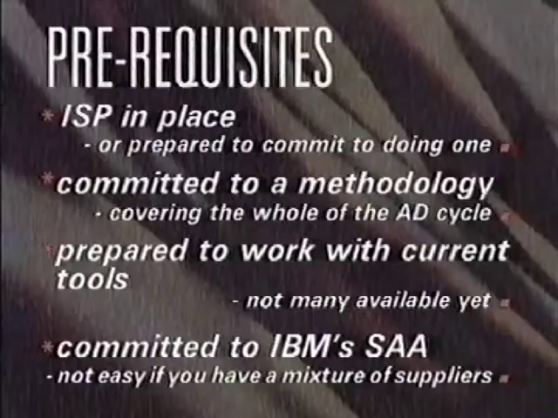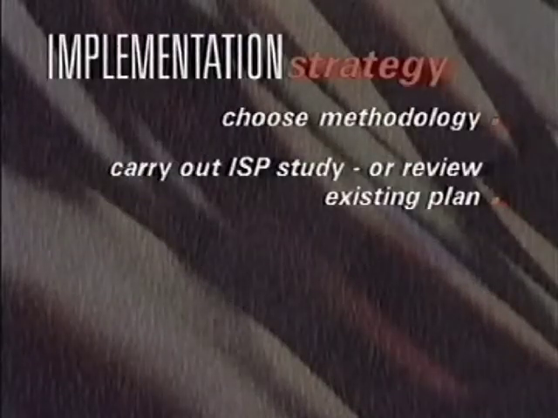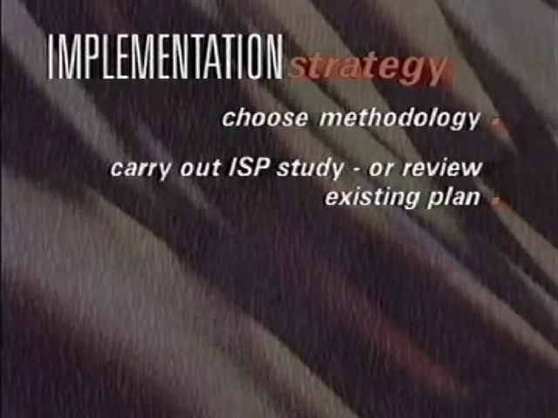Supposing an organisation fulfills the 4 prerequisites, what sort of an implementation plan should it set up? Here's the suggested plan. After you've chosen your overall methodology, you need to get your ISP in place, if this hasn't been done already. To support the ISP, you can use a toolkit, which could be one of the AD Cycle planning tools.